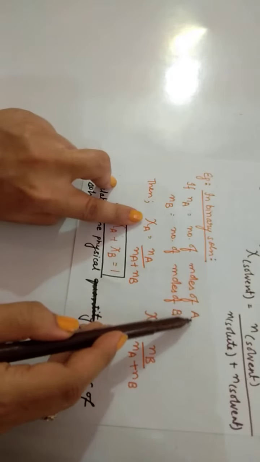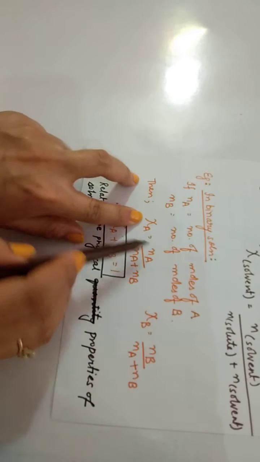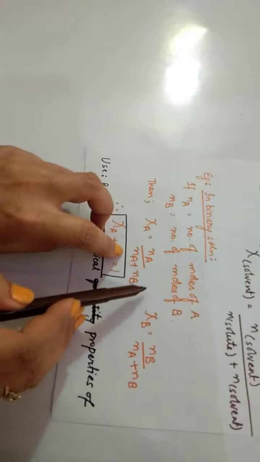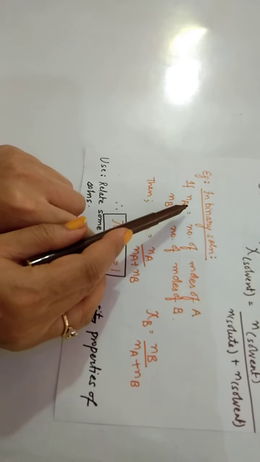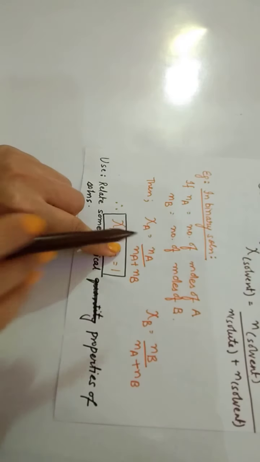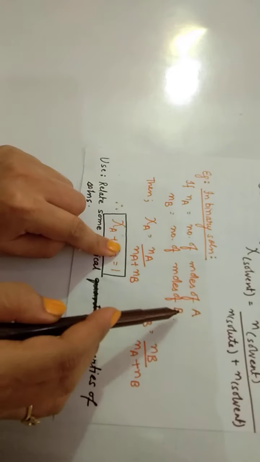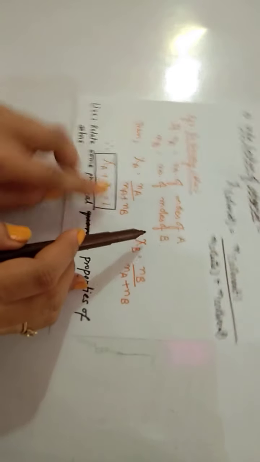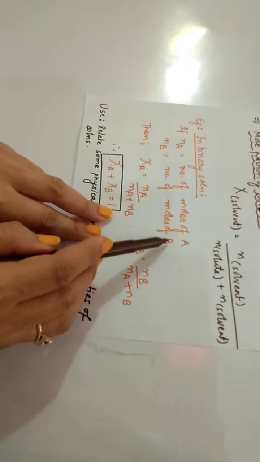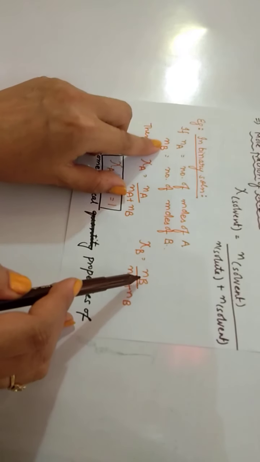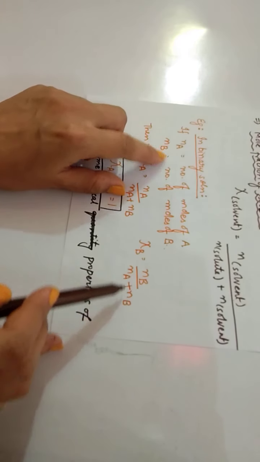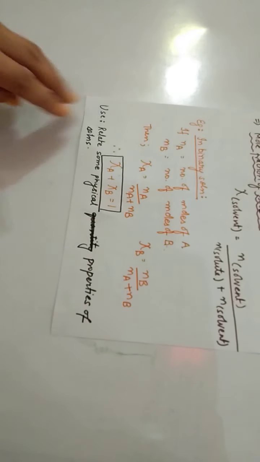Then if you need to find out the mole fraction of A, it will be number of moles of A divided by number of moles of A plus number of moles of B, that is the sum of solute and solvent. And if you need to find out the mole fraction of B, then it will be number of moles of B divided by number of moles of A plus number of moles of B.